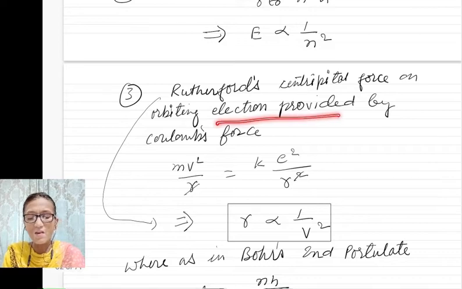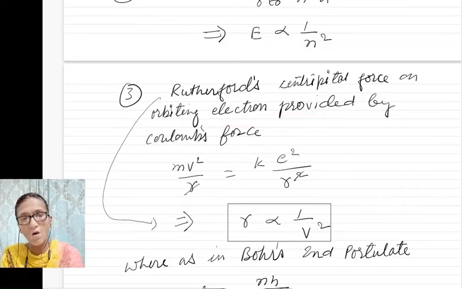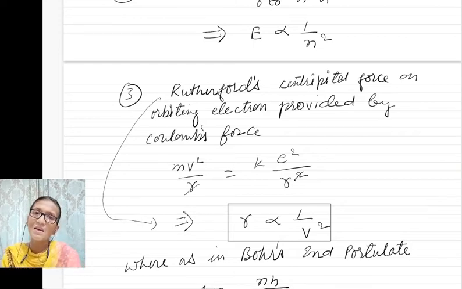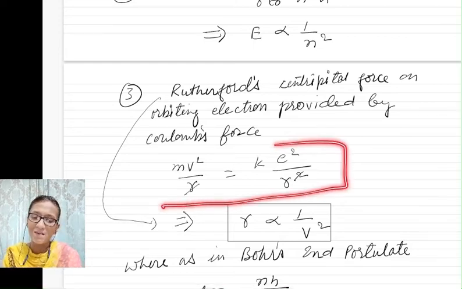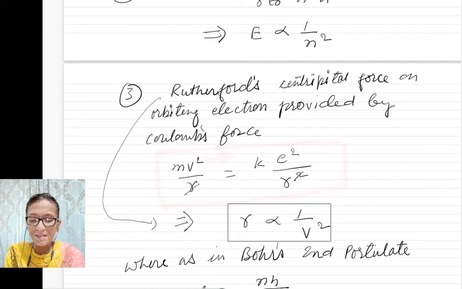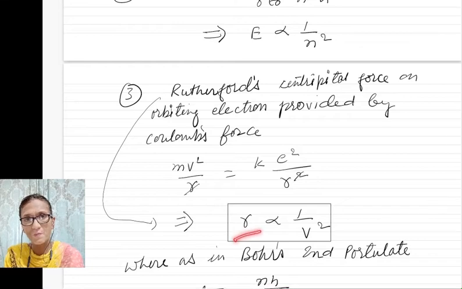Now in the Rutherford model of an atom, if you have been given a question related to the Rutherford model, then from this equation, centripetal force is provided by electrostatic force of attraction.